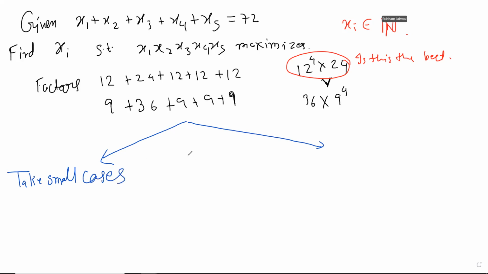What I mean by taking small cases is, instead of taking the number 72, you take some smaller number and then try. Just take the number 7, or maybe 10 if 7 is too small. Or let me take 12, or let me take 13.